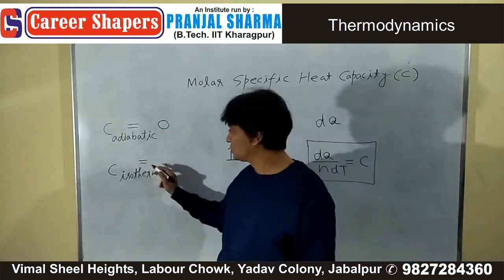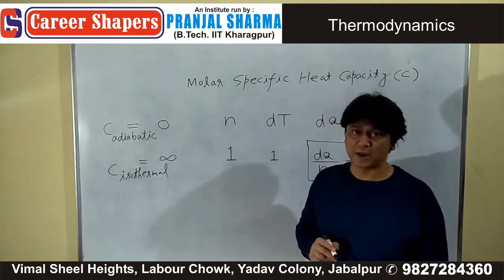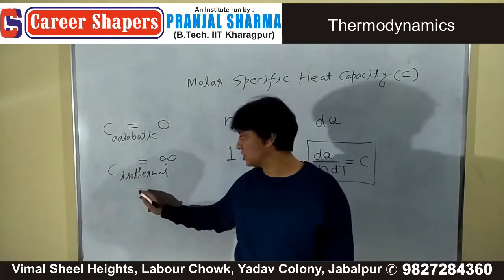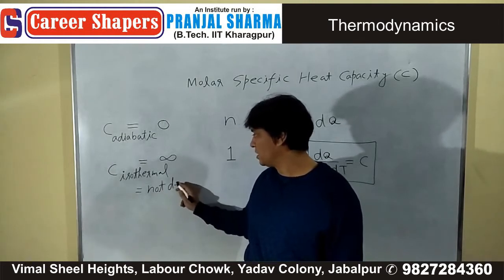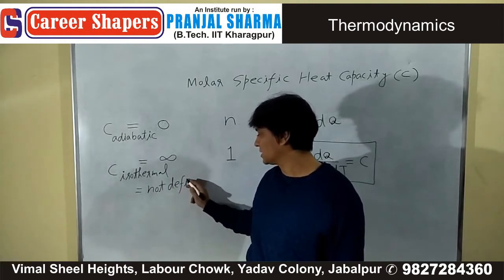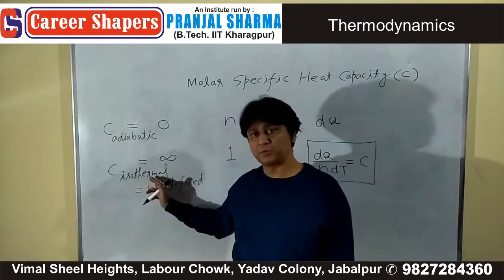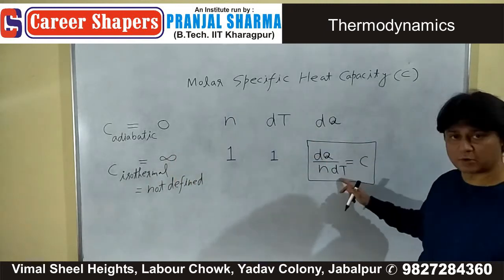Infinite. This C for an isothermal process is infinite. And at times we say that this C is not defined. Both ways you should remember this thing. C for an isothermal process is infinite if somebody uses this formula.